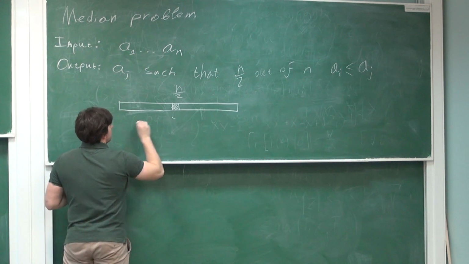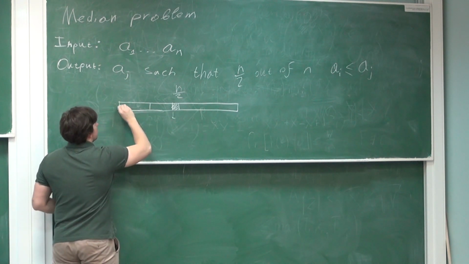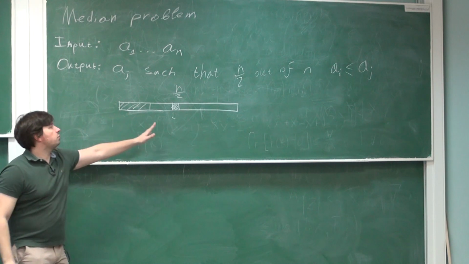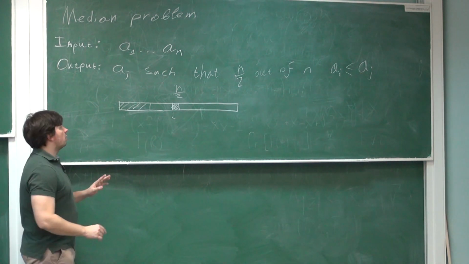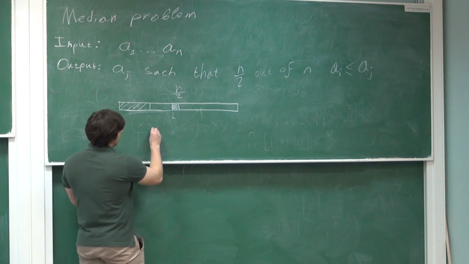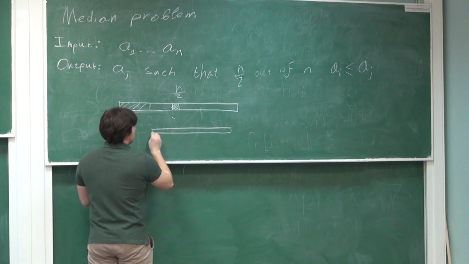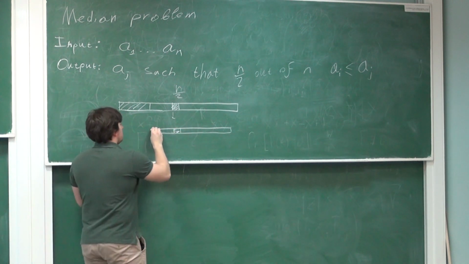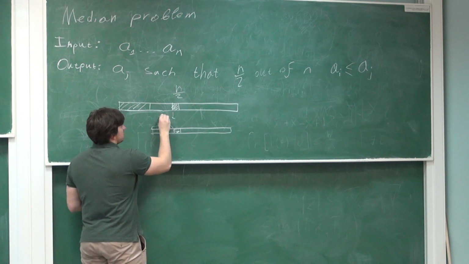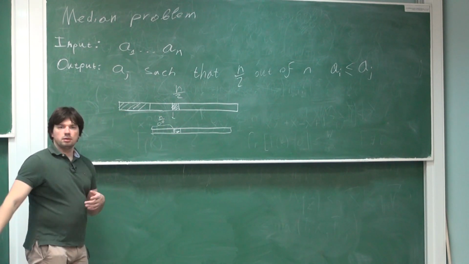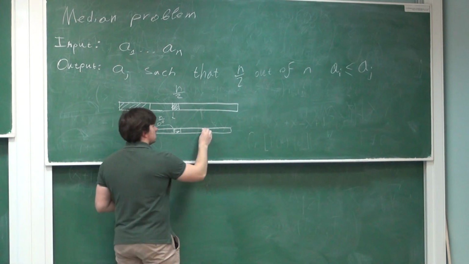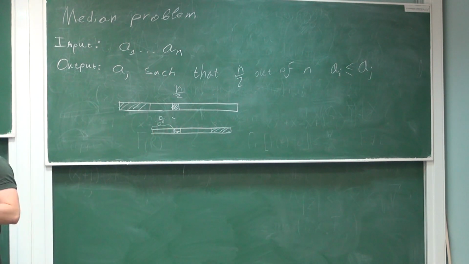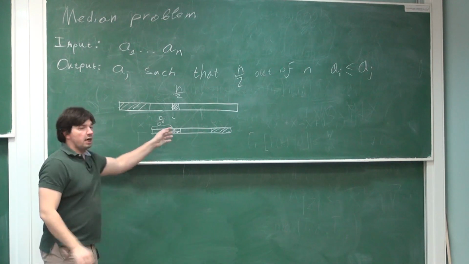I want then to say, hey, those guys are all to the left of the median, so I can throw them away. And now I'm looking for the element over here. It's not in the middle anymore. And I know that, for example, this is n over 6. Then I find another bunch of elements, let's say here, and say, hey, they're all to the right of the element I'm looking for.